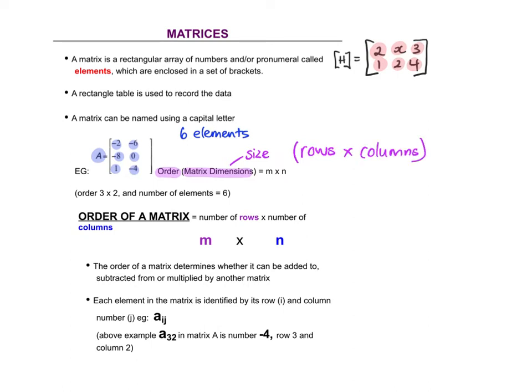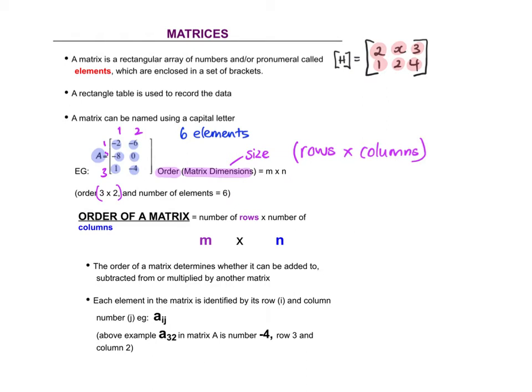Remember that rows are horizontal. Here I've got 1, 2, 3 rows and 1, 2 columns. So if I'm asked the order of this matrix, I would say it is a 3 by 2.